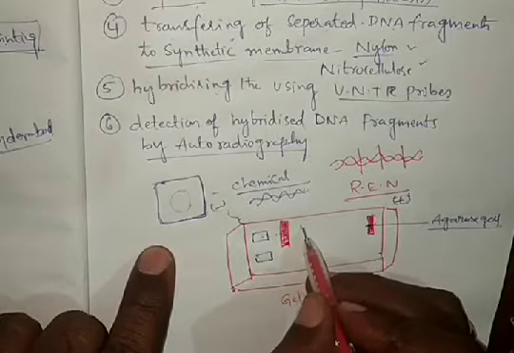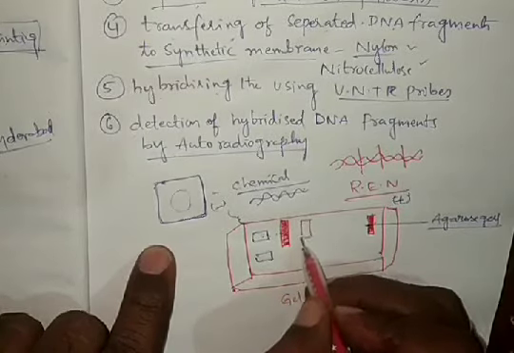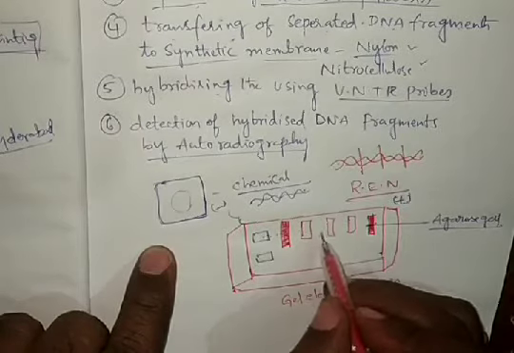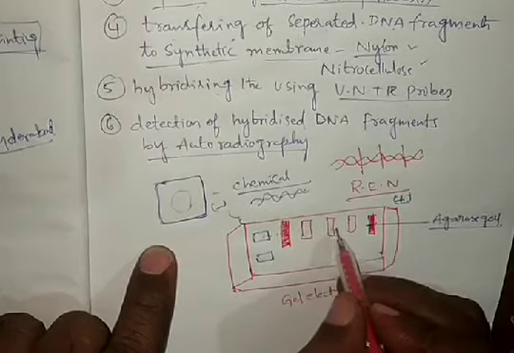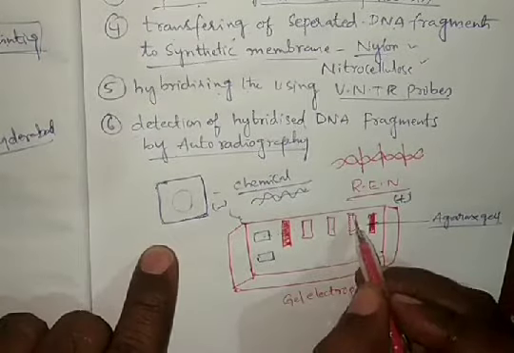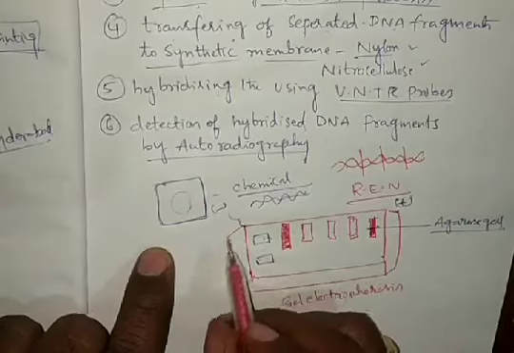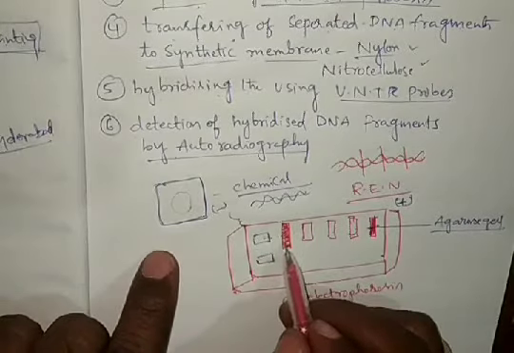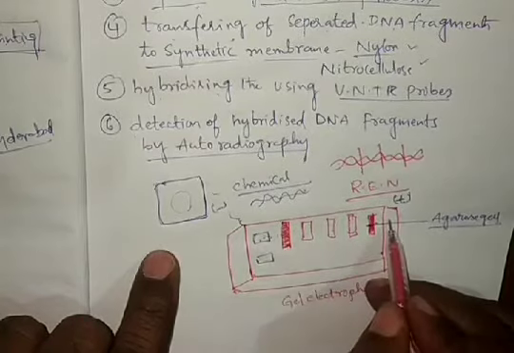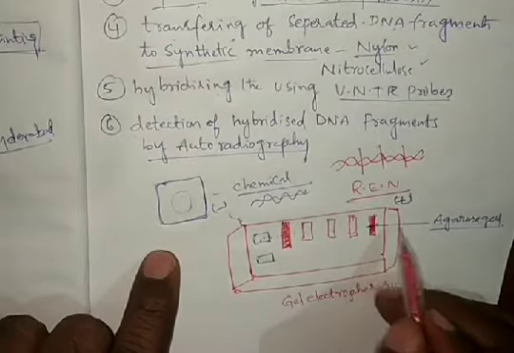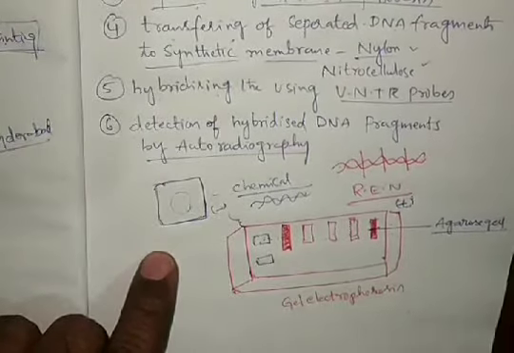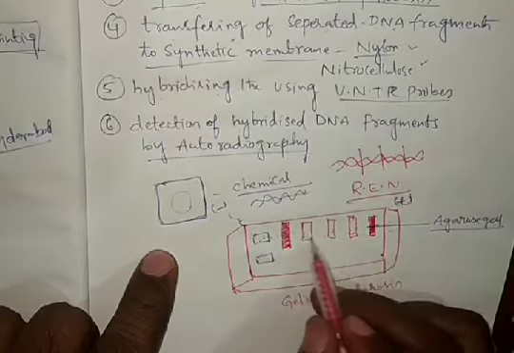Based on their mass, the segments move from the negative end to the positive end. Now the DNA segments are present like this in the slab.